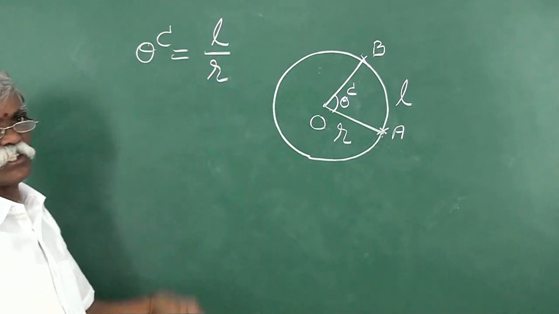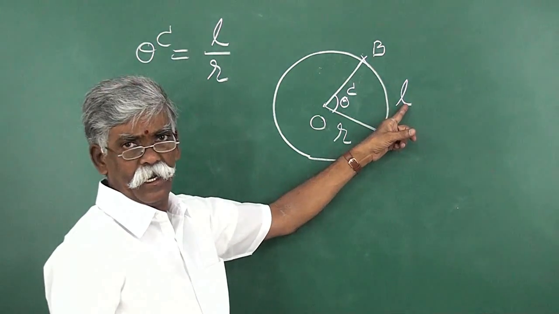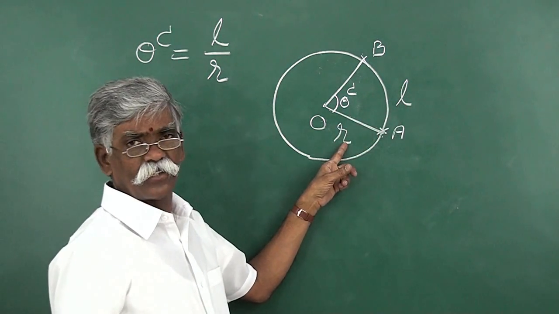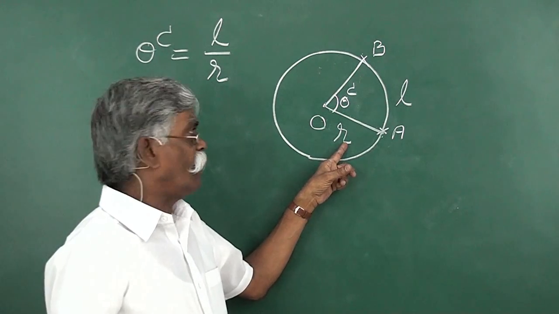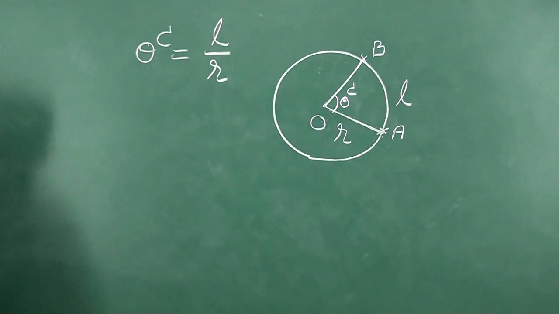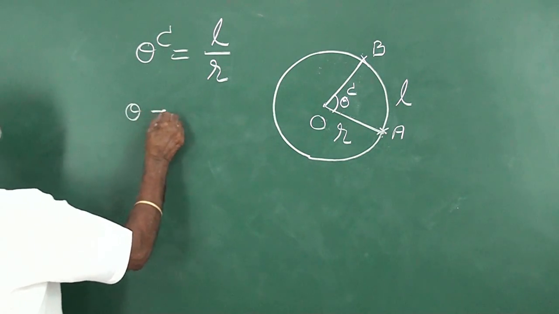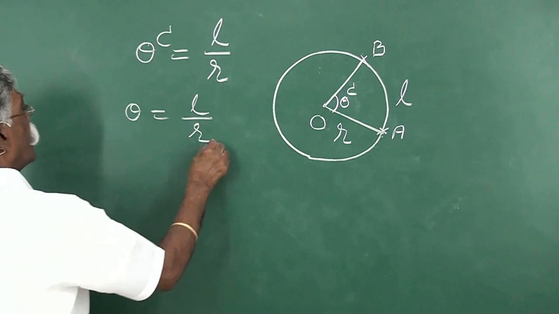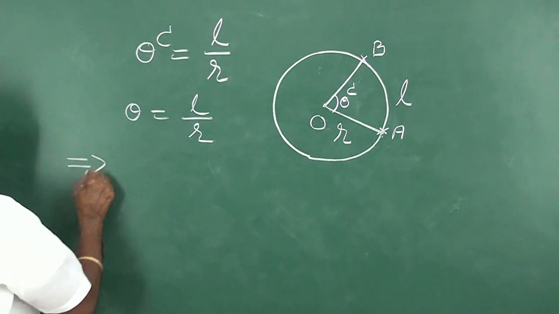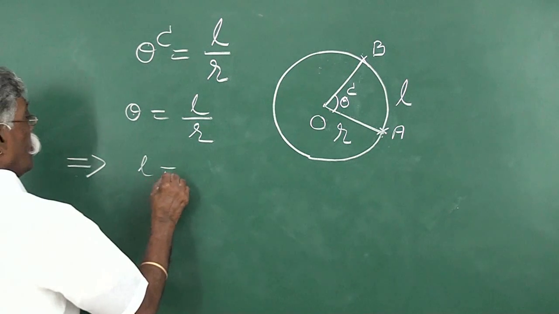And if the length of the arc and the radius of the circle both are equal, then this becomes 1 radian. When theta is equal to L by R, it is understood that theta is radian. L is equal to R theta.